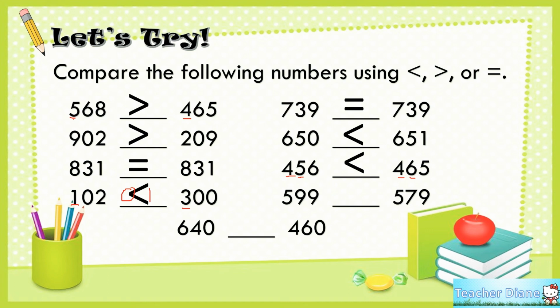Next, 599 and 579. So 599 is greater than 579. 640 and 460. Which is greater and lesser?